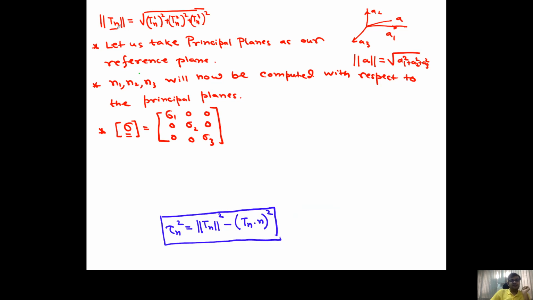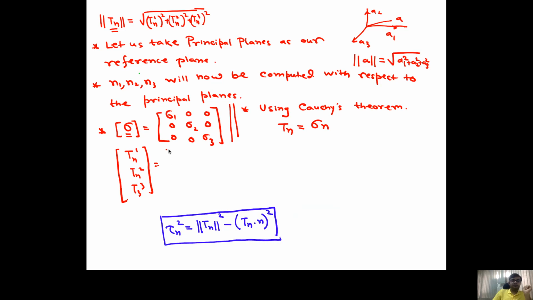Now we have this Tn here. So using Cauchy's theorem, let me write it here. Probably I did not use this name earlier, or probably I did, but what is Cauchy's theorem? Cauchy's theorem tells you that Tn is equal to sigma n. If I write it in matrix form, what do I get? Tn is nothing but Tn1, Tn2, Tn3, right?